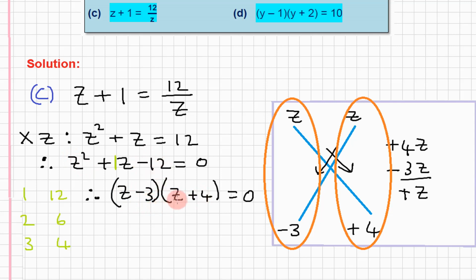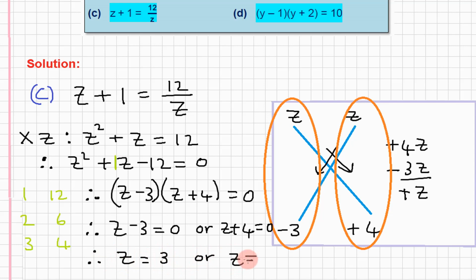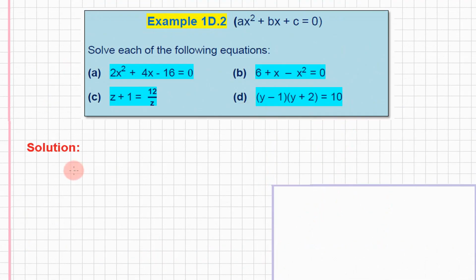Here we have negative 3z plus 4z is positive 1z. Then, using the zero product rule, and finally, solving for z. So z is 3, or z is negative 4. Let's look at the last equation.